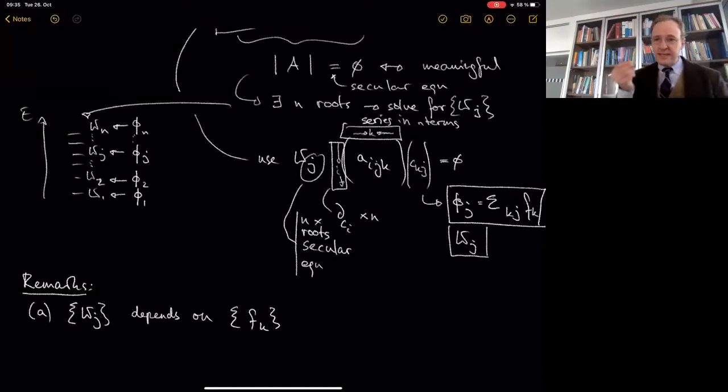The C's, the coefficients, they will be optimized anyways. So the true dependency is in your basis sets. So if I change my basis sets, the entire spectrum of my energies is going to move. All right.